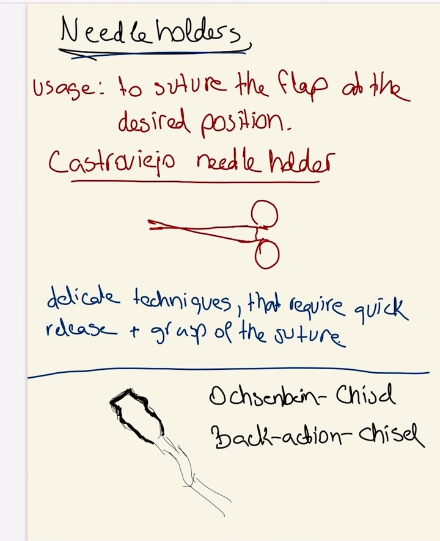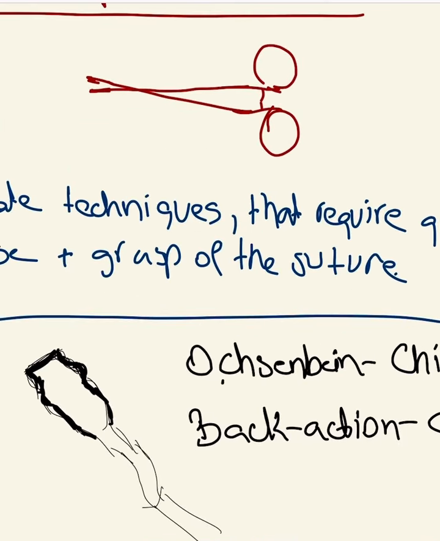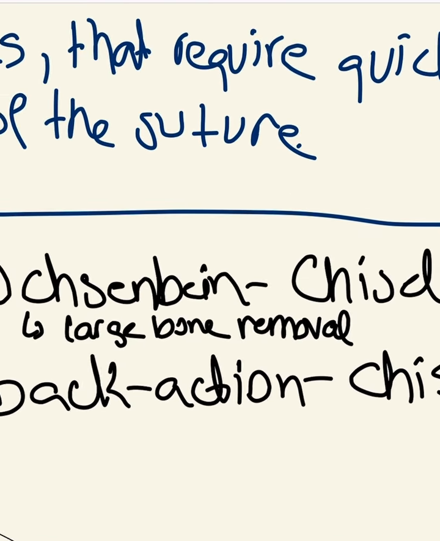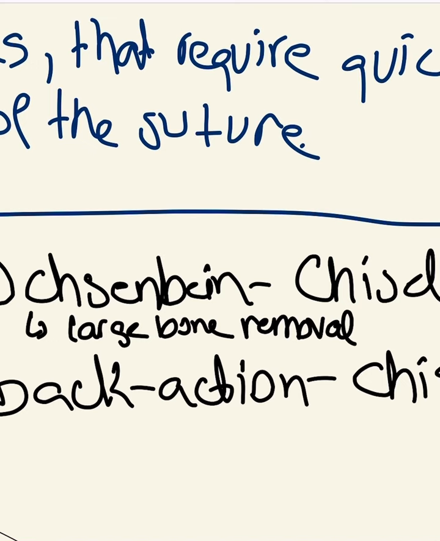The Oschenbein chisel is used for large bone removal, for example torus removal or bone morphology.